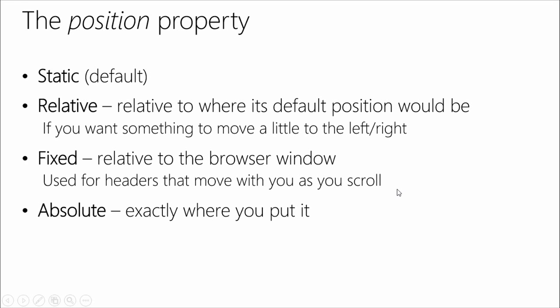And this is especially useful for headers, for instance. You've seen it on a lot of web pages probably, that move with you as you scroll. And the last is an absolutely placed element. These, I think, are less commonly used, and they can kind of be confusing. Absolute elements are put basically exactly where you position them.